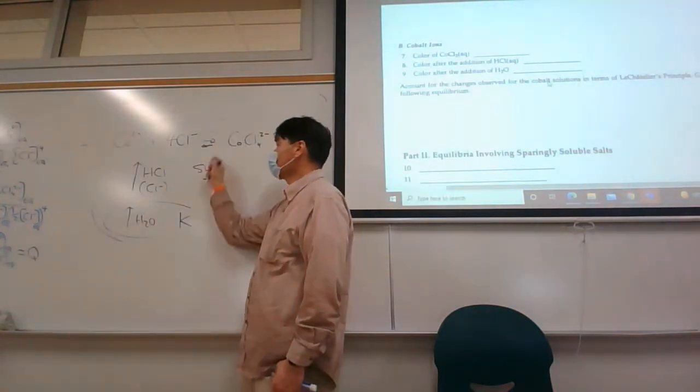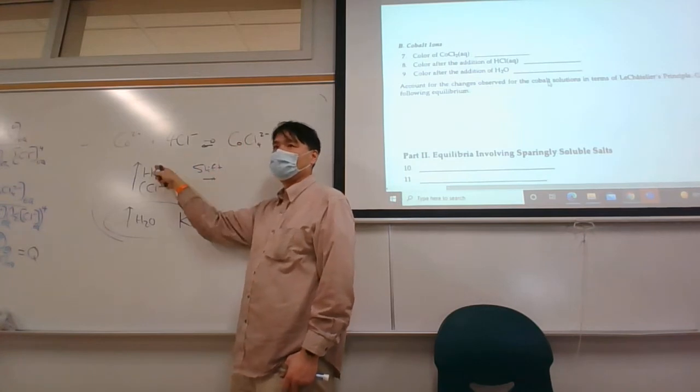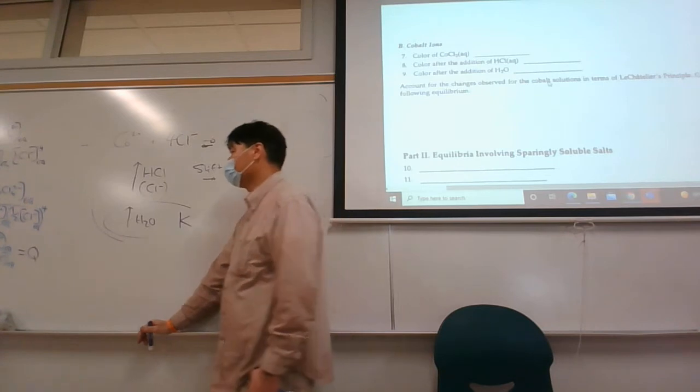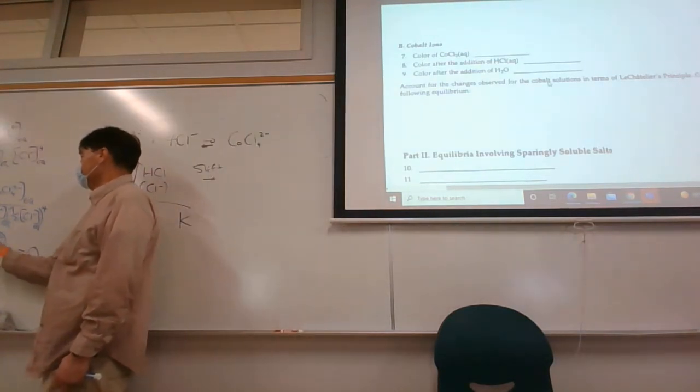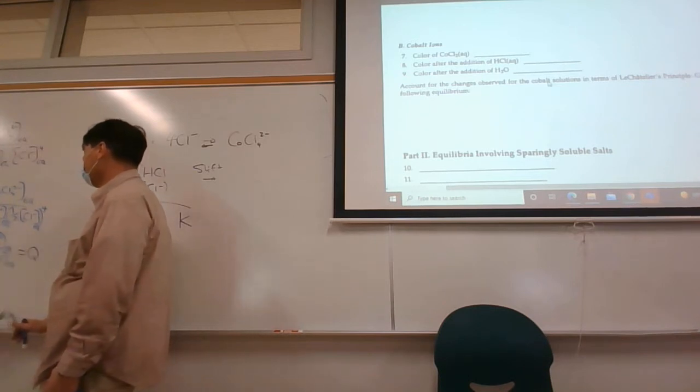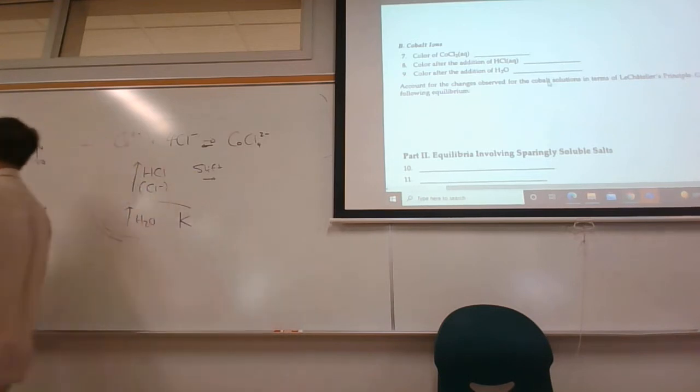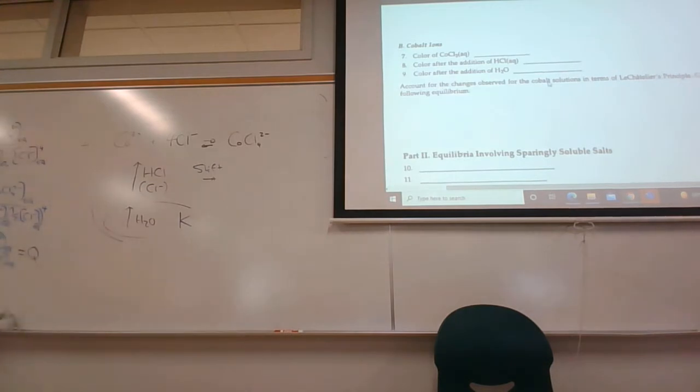To make that ratio smaller, it has to shift to the left. If we shift this to the left, then we're going to increase the cobalt and the chloride, decrease the tetrachloro complex, and we'll make this ratio smaller. So if Q is greater than K, we expect a shift left.